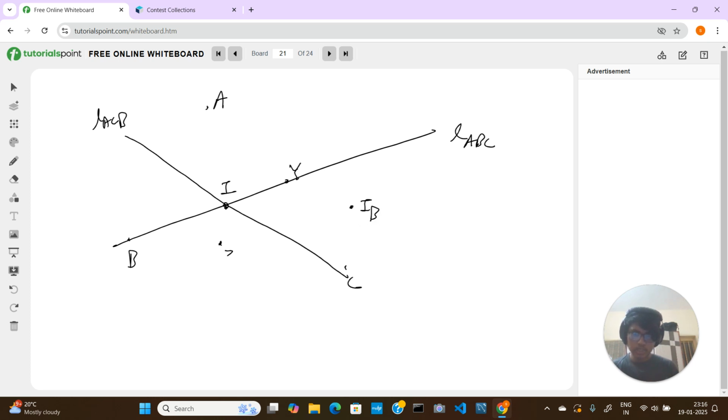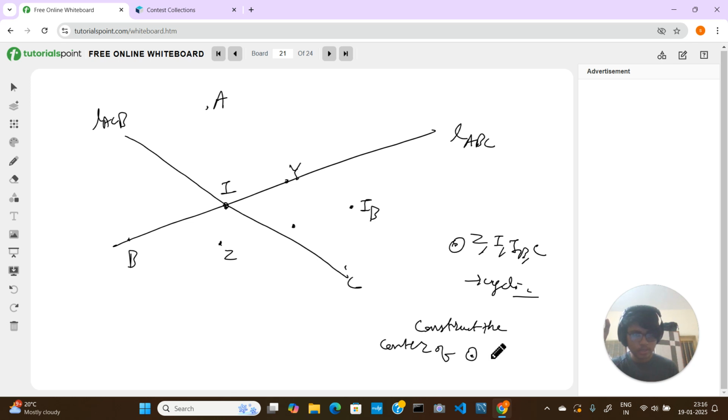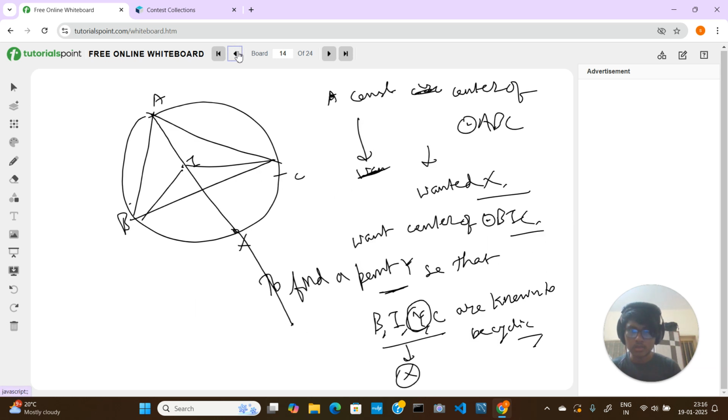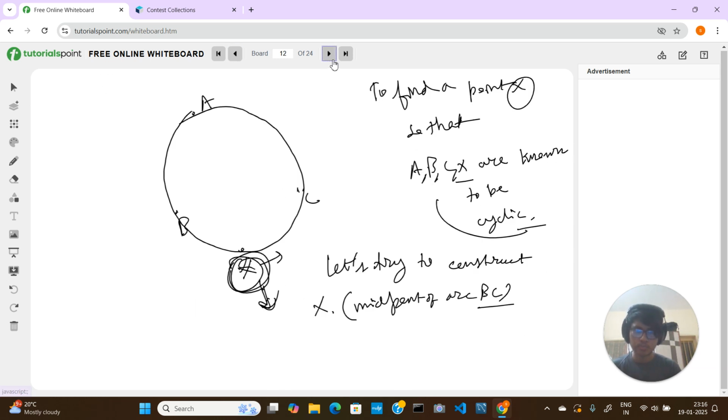We can also construct the incenter, and we know Z, I, IB, C are cyclic. So what you know is that you can construct the center of circle I, Z, C, IB, by lemma 2.